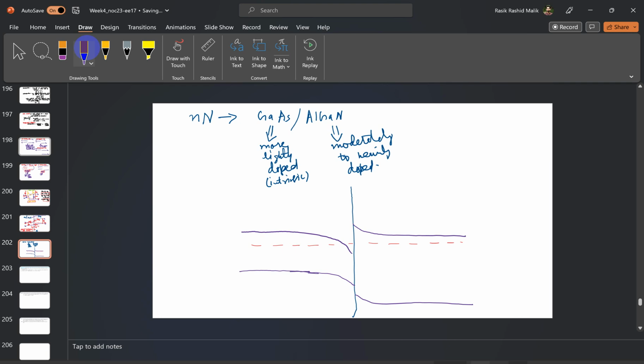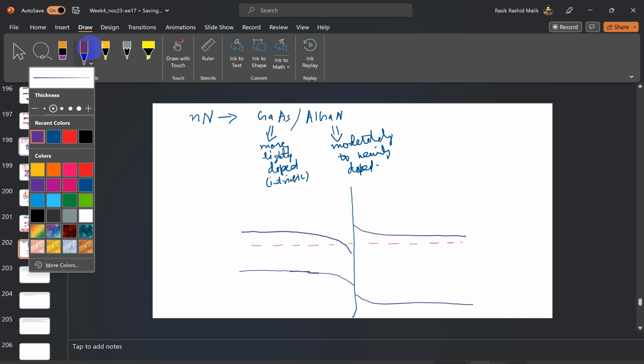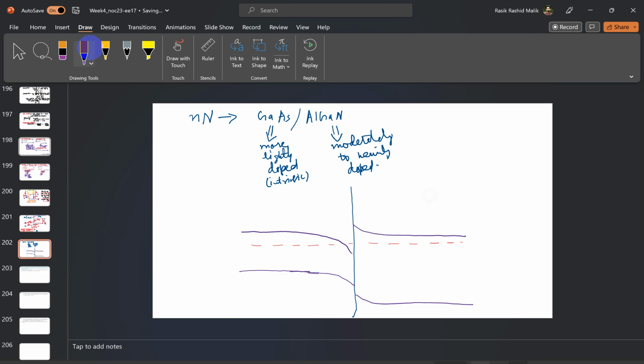So this is the narrower bandgap side, and this is the wider bandgap side. And we have delta EC, delta EV again here. So this is delta EC, and here it is delta EV.